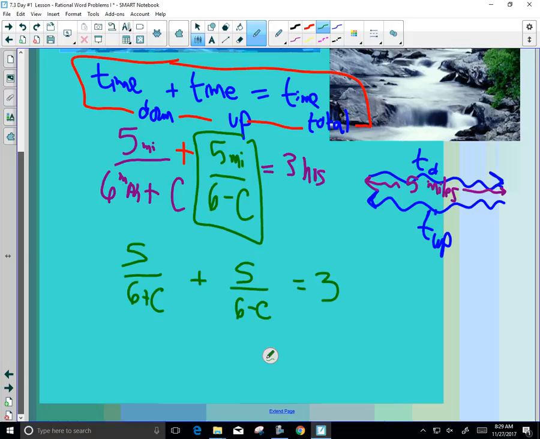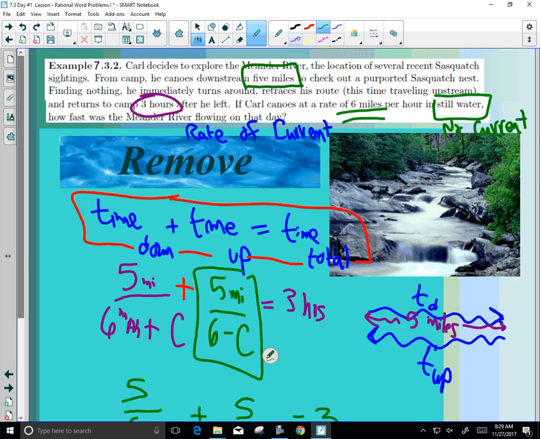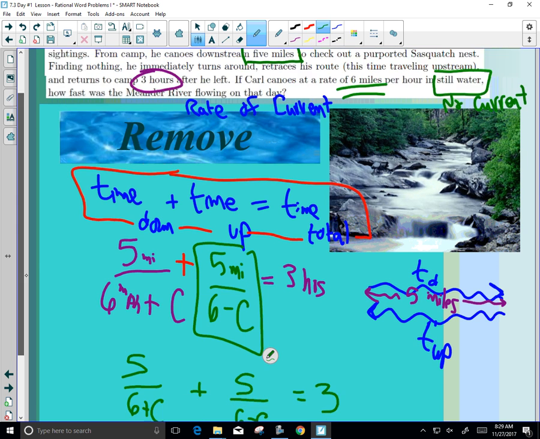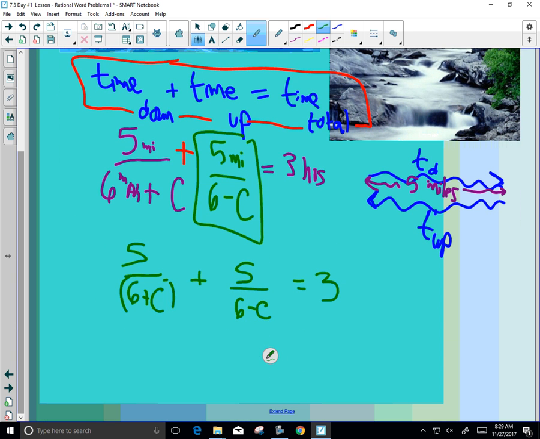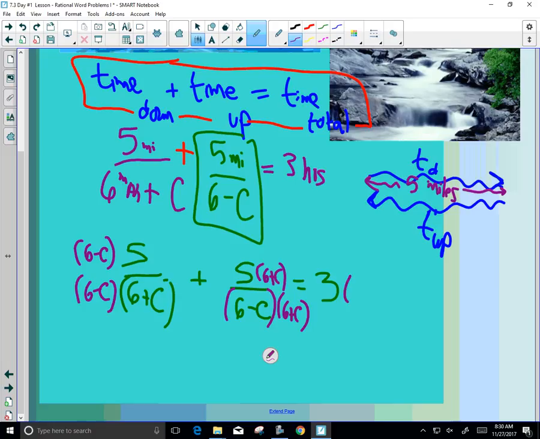Okay, and let's do that by multiplying by 6 minus C, 6 plus C, and unfortunately here we're going to have to do both. 6 minus C, 6 plus C.